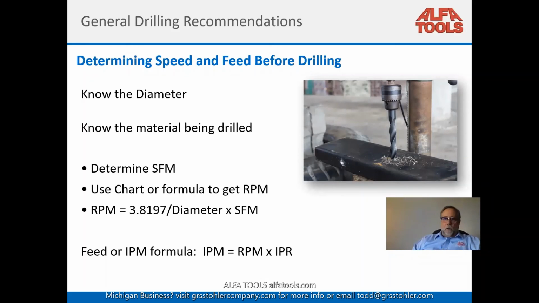But first, you still have to know what you're drilling. So you know your diameter. Hey, I've got a 1/2-inch drill. I'm doing cold roll steel. You find that in the chart, and it might say 250 surface feet. Then you use the other charts and formulas to figure out your RPM and your feed.